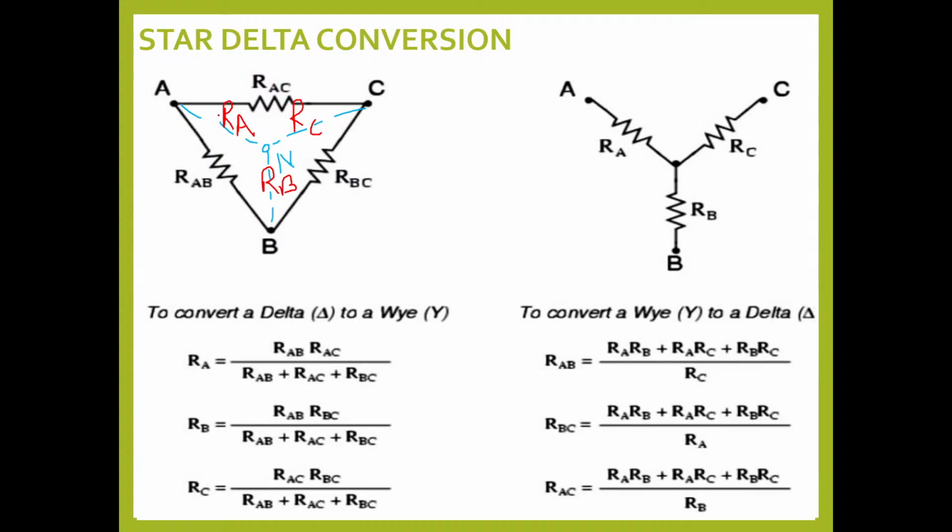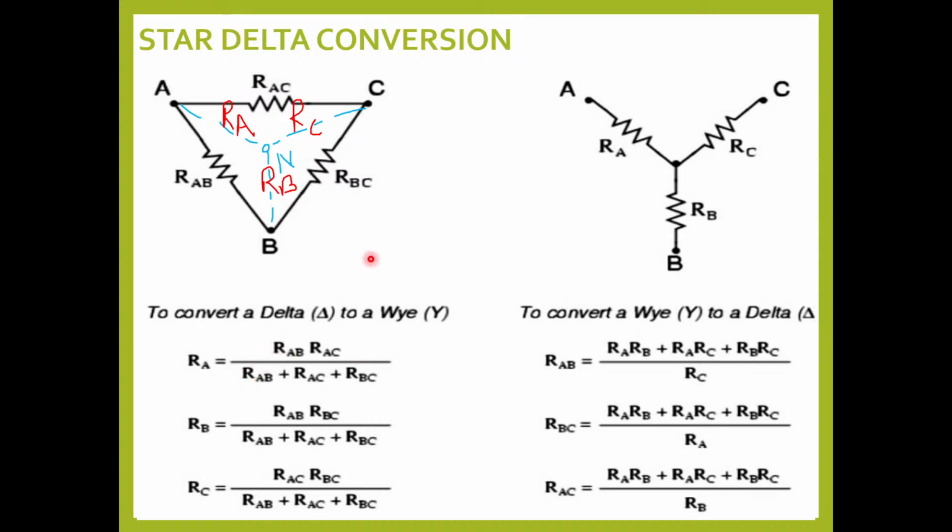Now what is RA? Besides to RA, you just observe. Besides to RA, what resistors are there? RAC is there, RAB is there. So RA is equal to RAB into RAC whole divided by RAB plus RAC plus RBC. Okay.